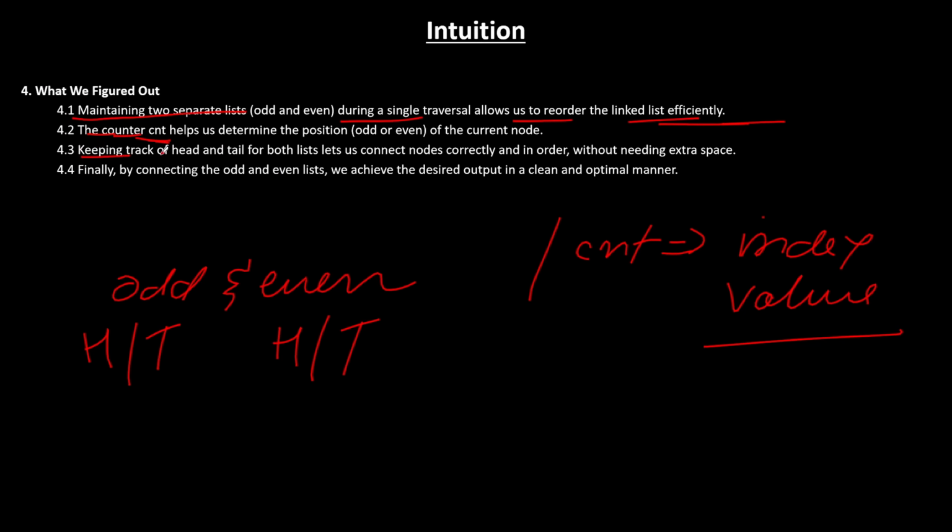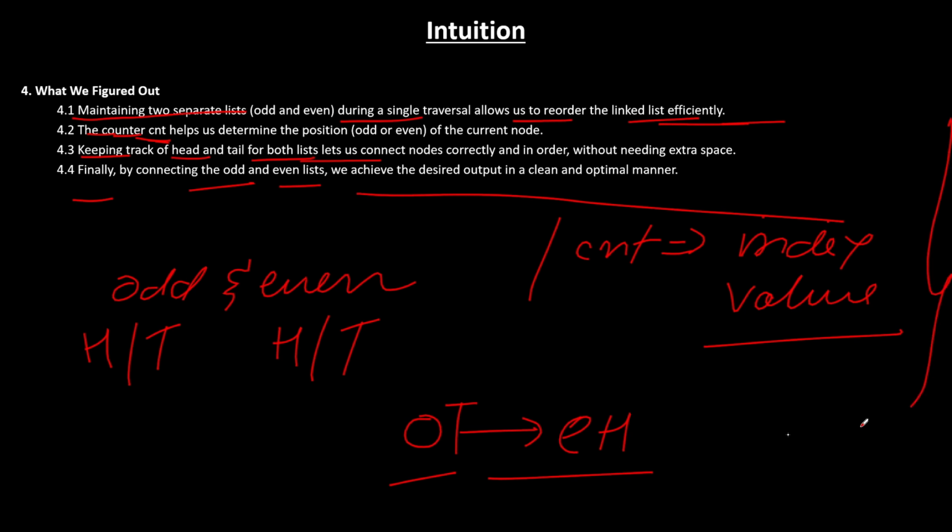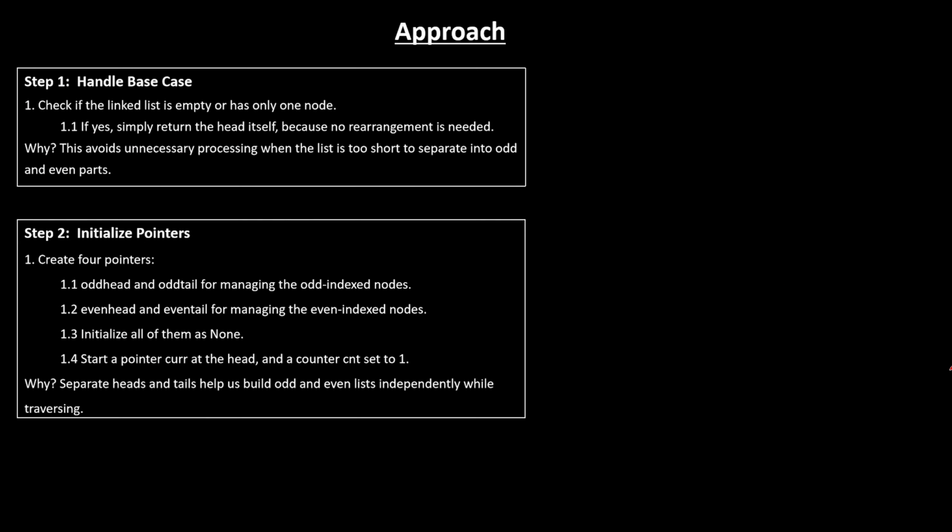It will keep the track of head and tail for both the lists. Because odd tail is there, let it be OT, we will connect it with even head. Fine. And finally, by connecting odd and even lists, we achieve our desired output in a clean and optimal manner. So I hope you understood the intuition build-up. Now let's move to the next slide.